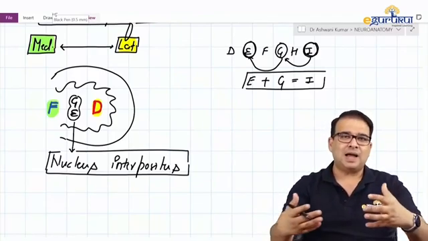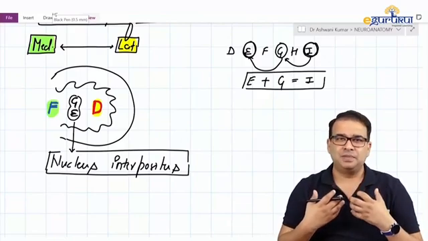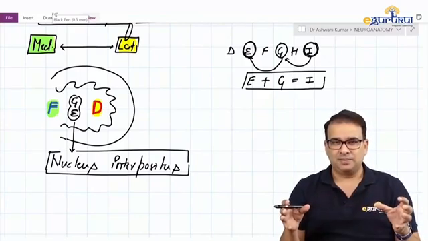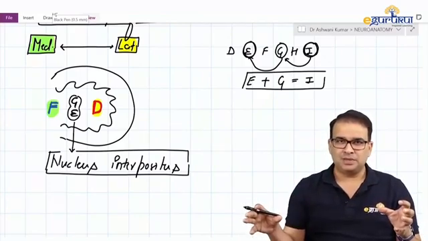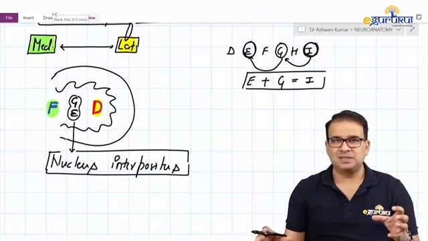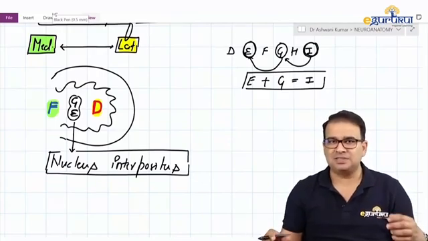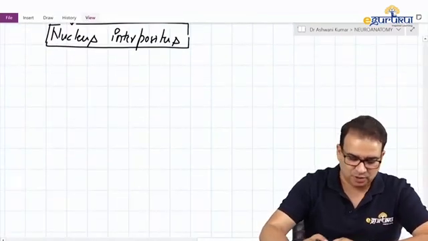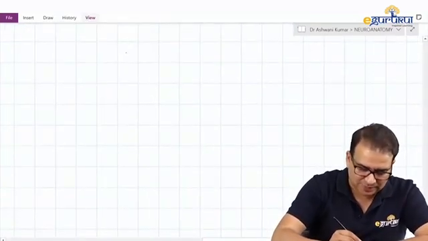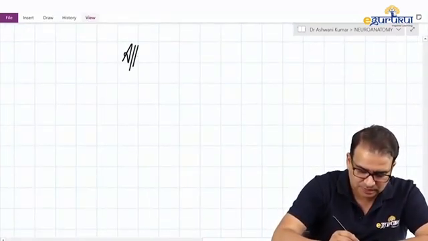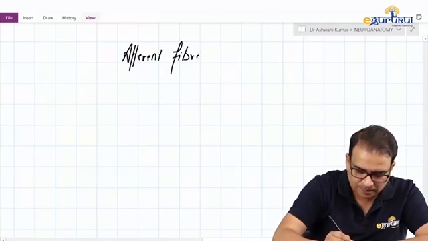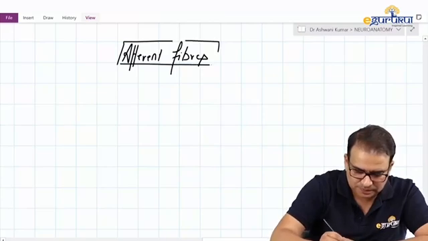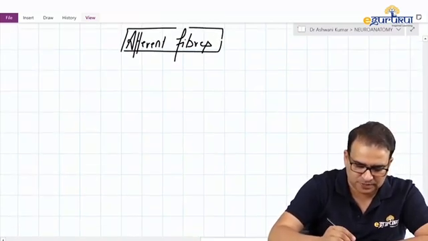So whatever afferent fiber comes inside cerebellum, we divide them in two categories. Few of the fibers are called as the mossy fibers, and few are called as the climbing fibers, depending upon to what level they will reach. Let me discuss that with you. So what I'm saying, that when it comes to the afferent fibers, they are of two types.